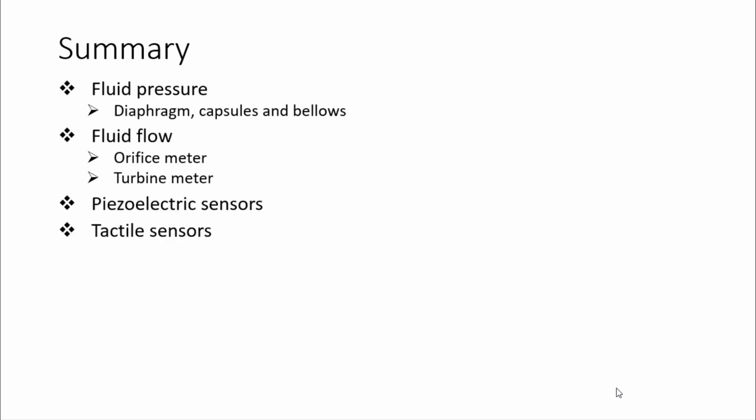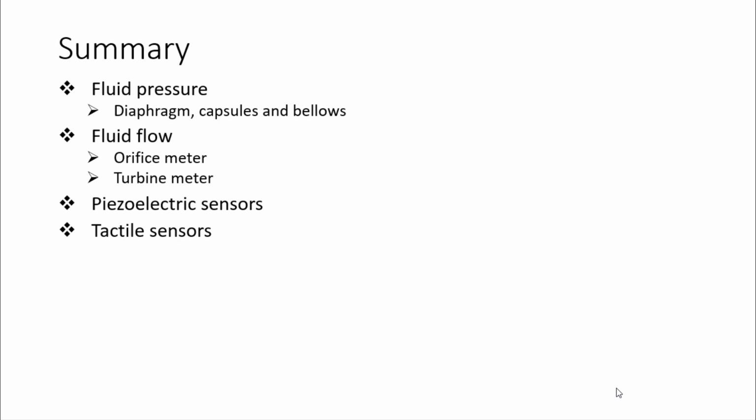Well, let us summarize lecture 4 of week 4. In this lecture, we have seen various sensors that are used to measure fluid pressure, and these were diaphragm, capsules, and bellows. We saw how fluid flow can be measured by using an orifice meter and a turbine meter.